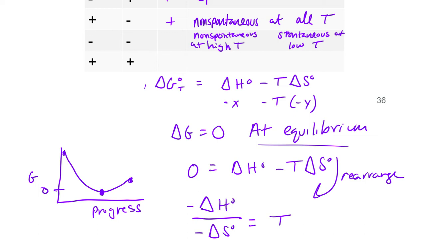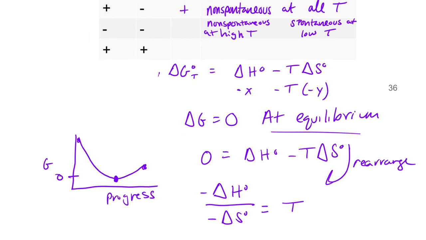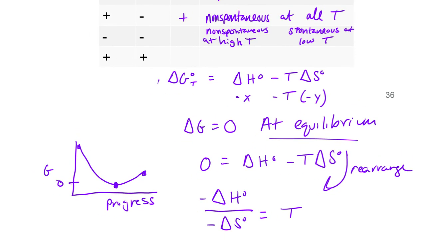What are the units on delta H? Usually kilojoules, we'll call them joules for now. What are the units on entropy? Joules per Kelvin.